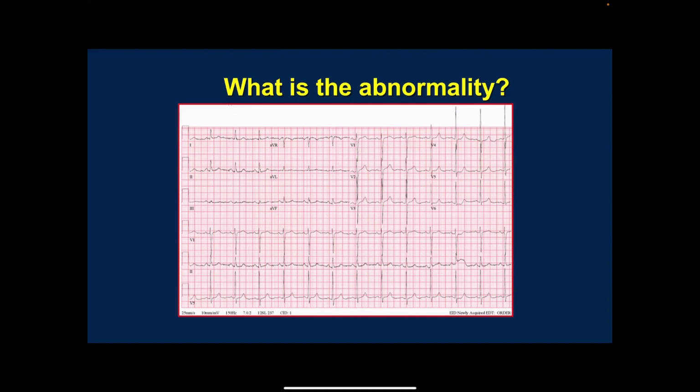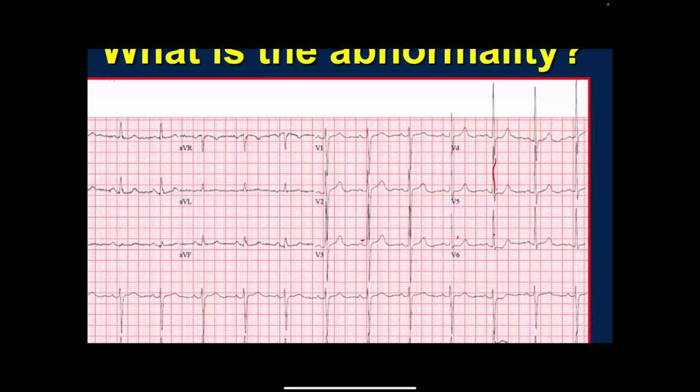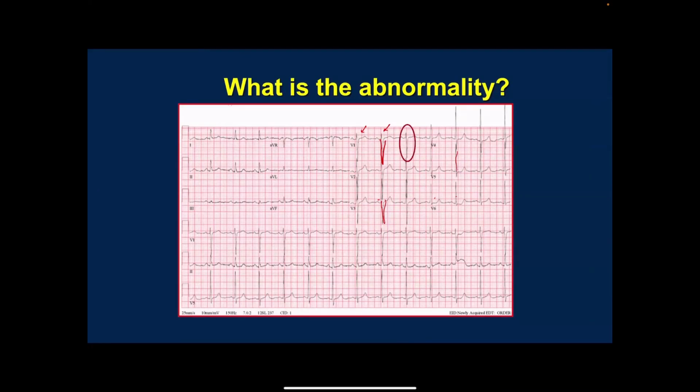What's this one? Left ventricle. Exactly. Do you see how huge they are in 4, 5, and 6, even in 3? But in lead 1, not much. But do you see how deep the S waves are in 1 and 2? So the criteria for left ventricular hypertrophy is a bit different, even though from just looking at the ECG, you can know it.